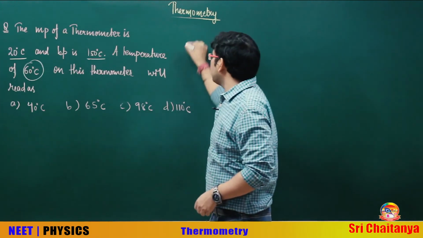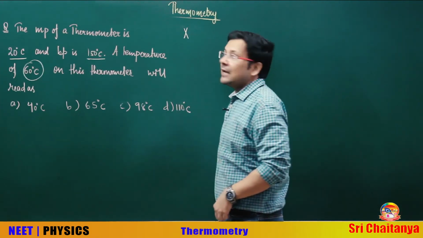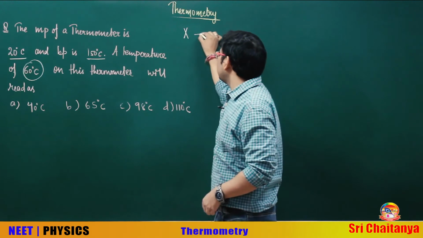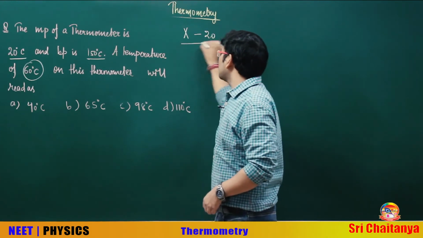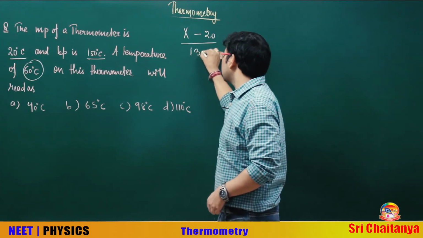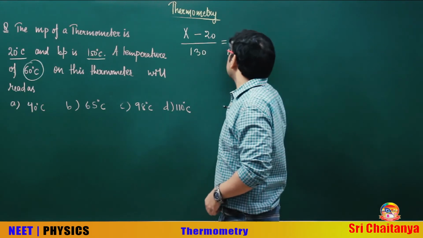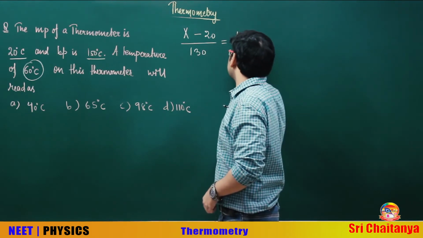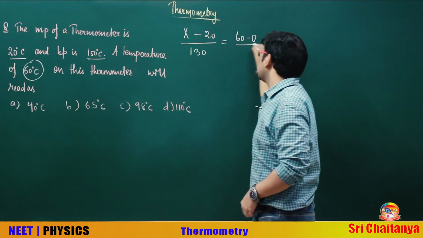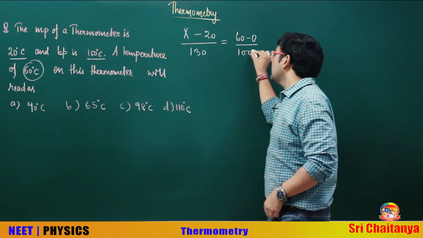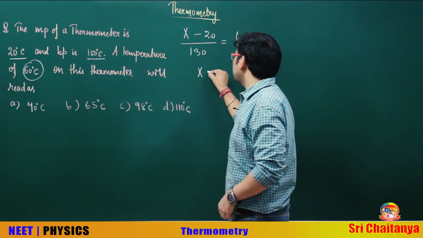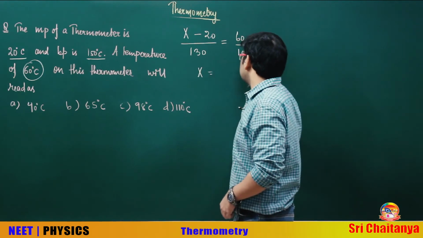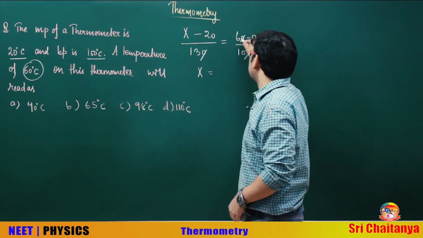So in this thermometer consider the temperature as x. What is the lower one? 20. And what is the total division? Obviously 130. In Celsius the temperature is 60. What is the lower? 0. What is the gap? 100. From here, when you calculate x, that is 13, 6, this is cancelled, 1 0, this will be cancelled.